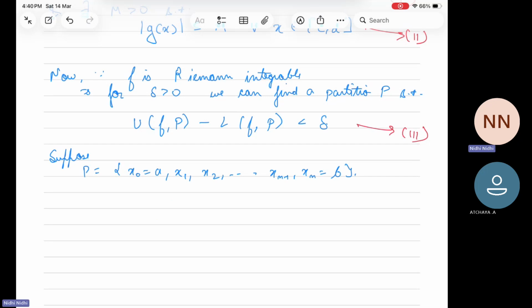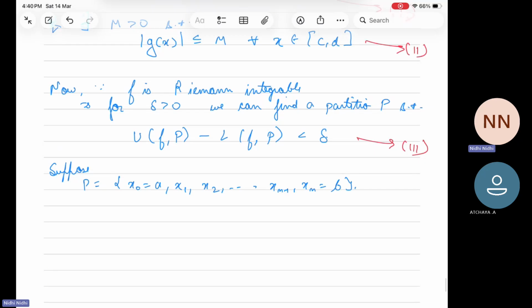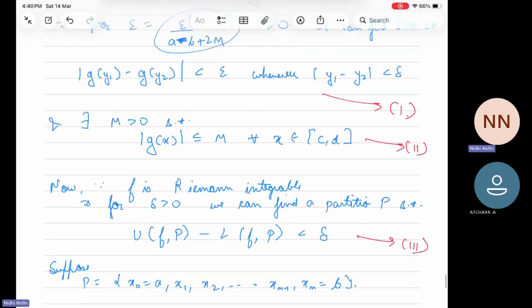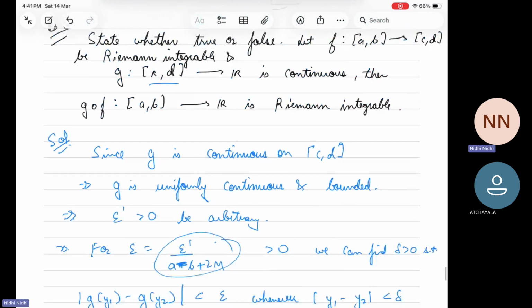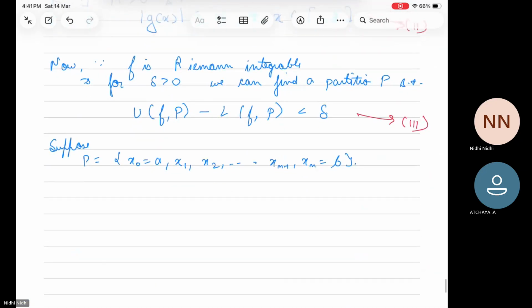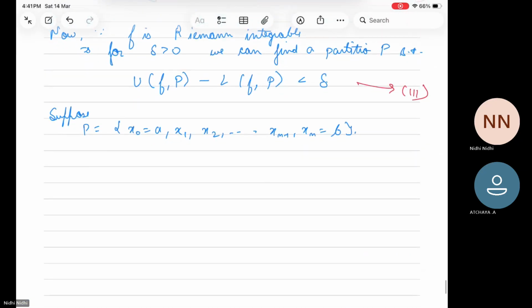Now we will show that this composition is also integrable. So basically, using this partition, we'll somehow show that U(g∘f,P) minus L(g∘f,P) is less than epsilon.